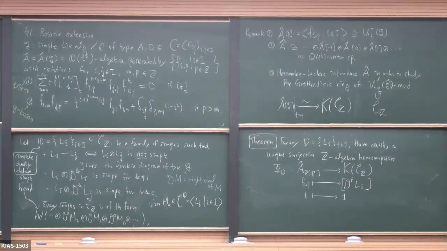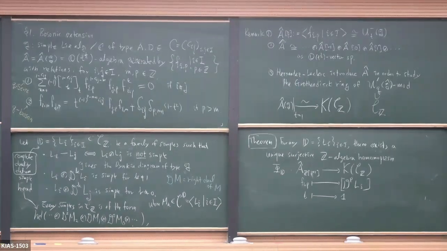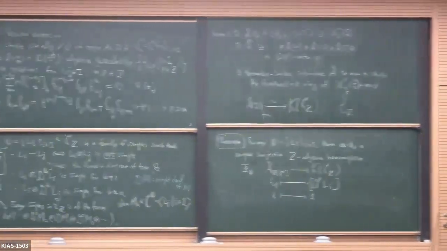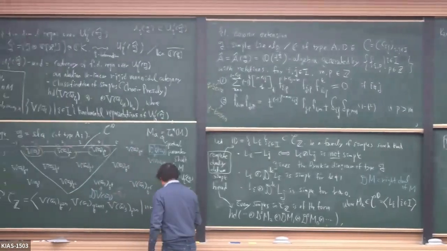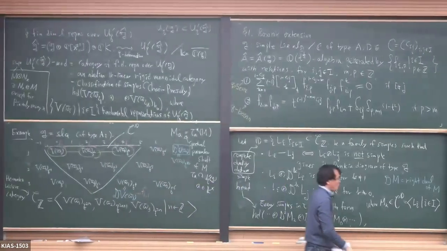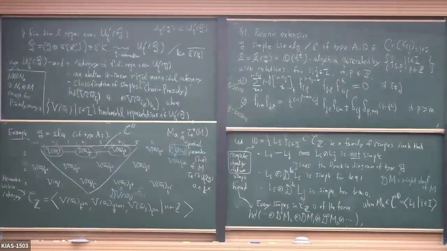So this is F_{2,0}, F_{3,0}, and this is F_{1,1}, F_{1,0} shifted by 1. So you can see the image of generators in this category.